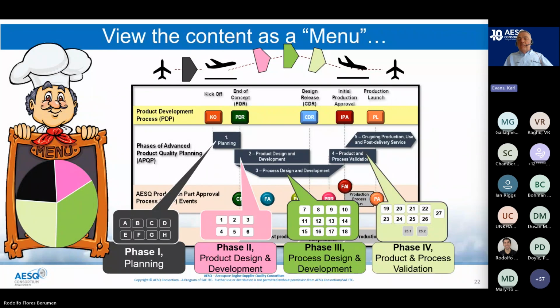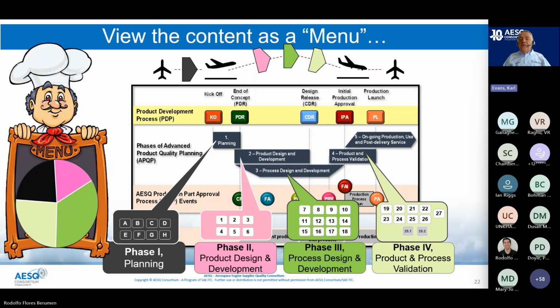When we talk about the AS9145 and AS13100, what we're doing through the Gold Book, which is RM3145, is breaking these down into more understandable chunks so that you can understand what is required to be done. So think of these as a menu.